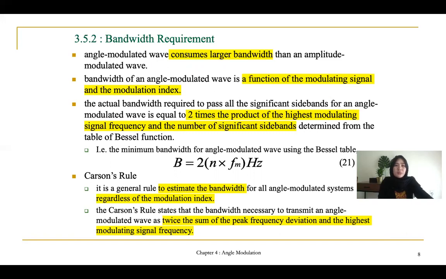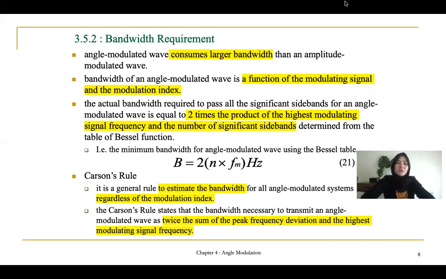The bandwidth of an angle modulated wave is a function of the modulating signal and also the modulation index. Basically there are two ways to calculate the bandwidth for angle modulation. The first technique is by using the Bessel function.